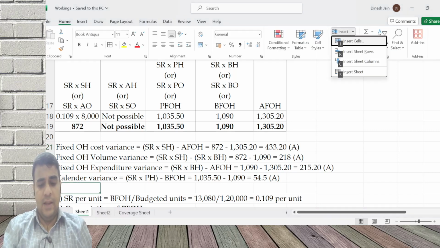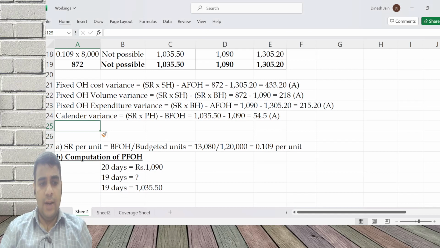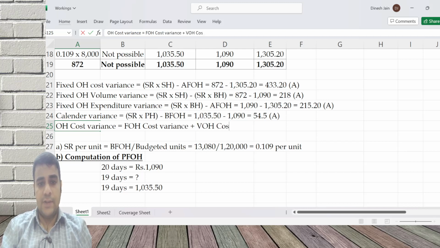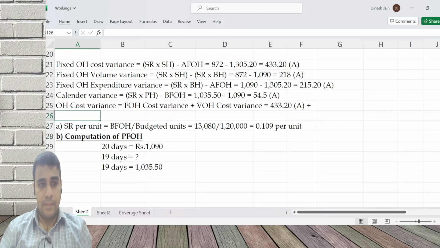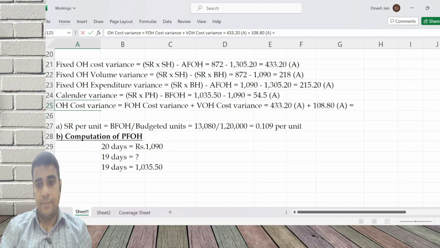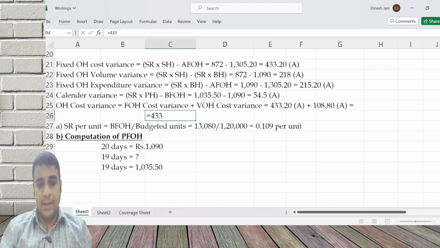And finally, once all this is done, overhead cost variance is FOH cost variance plus VOH cost variance. We'll have to add them together.